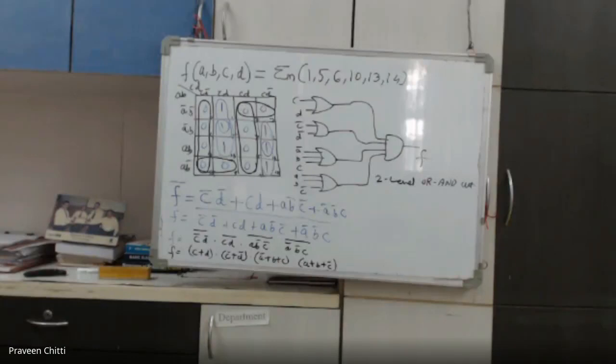Now, how do we factorize this particular expression? I have the expression C plus D, then C bar plus B bar, A bar plus B plus C, A plus B plus C bar.